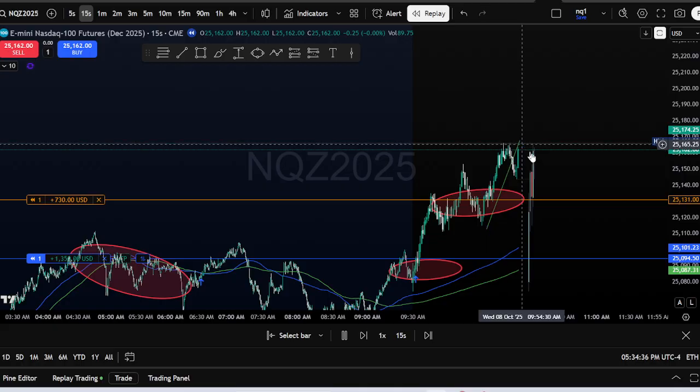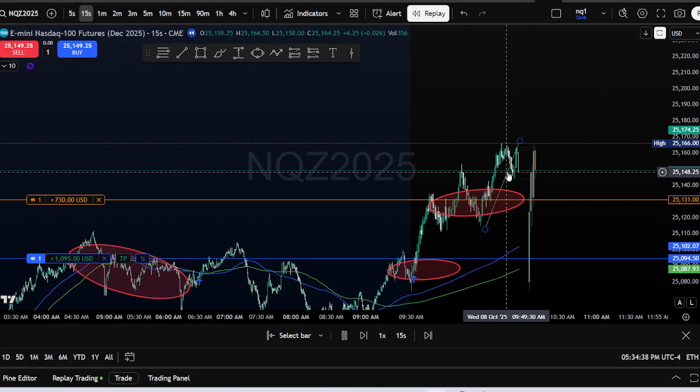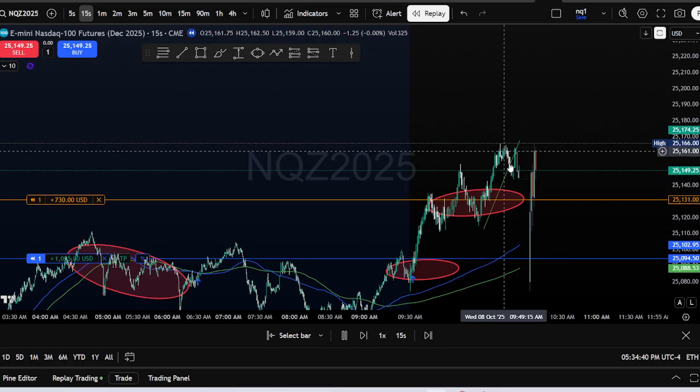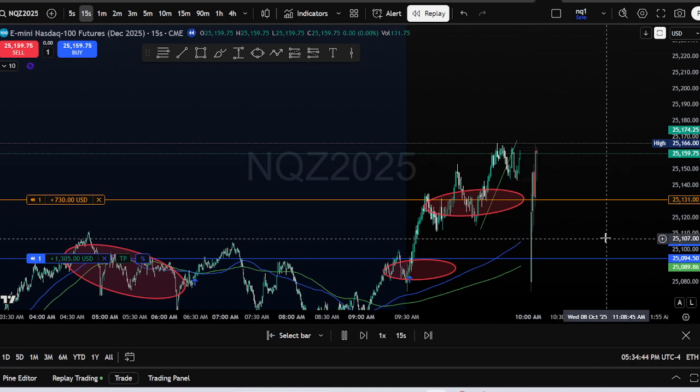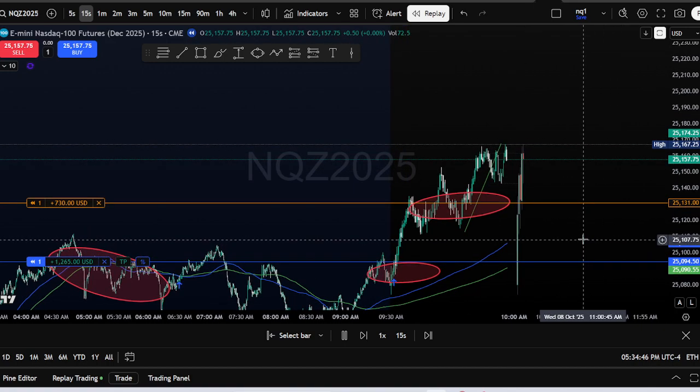Now we got pretty much right to the measure move of what this should be. And it's looking like it's making another one right there. So I'm just going to let it do what it's going to do and I'll trail my stop behind.